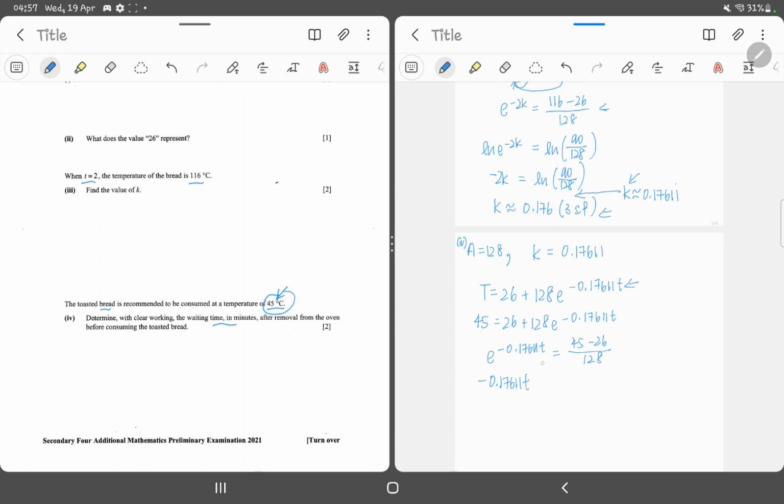For those of you who don't understand, it's the same as before. ln e to the power of minus 0.17611 t, using the power law, we can bring it down, and this multiplied by ln e gives us minus 0.17611 t, because ln e over here is actually 1.